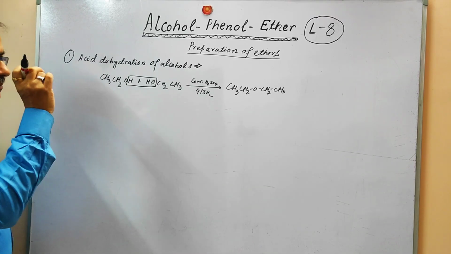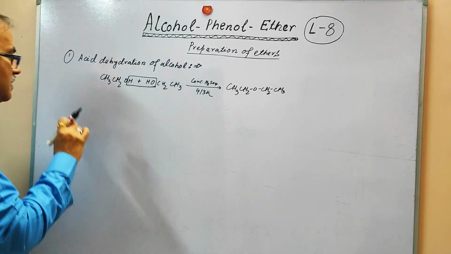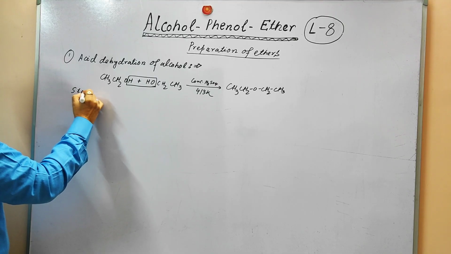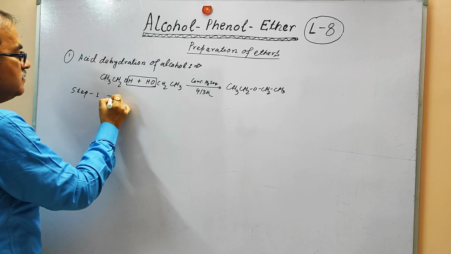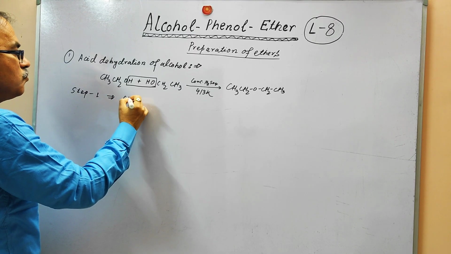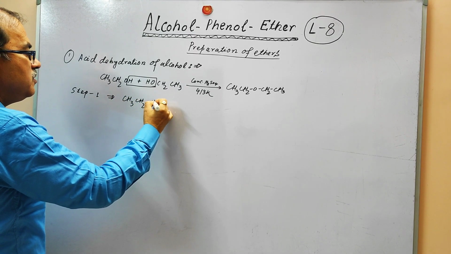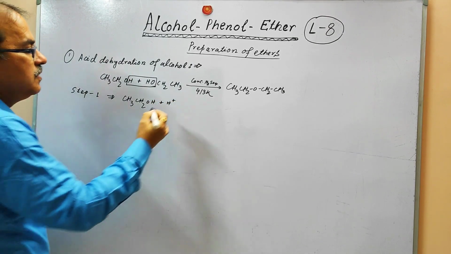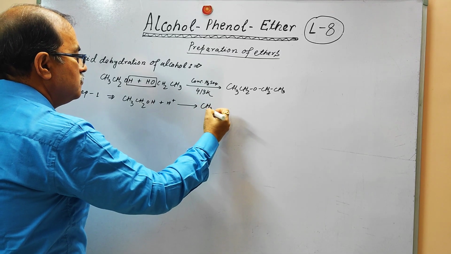It is a three-step mechanism. In step number one, there is protonation of the alcohol. The alcohol is protonated, meaning addition of an H plus ion, so it will produce this.